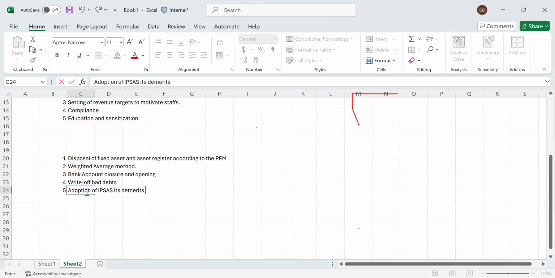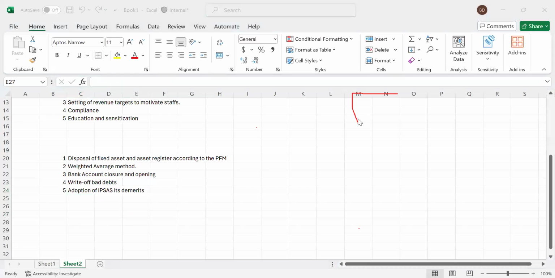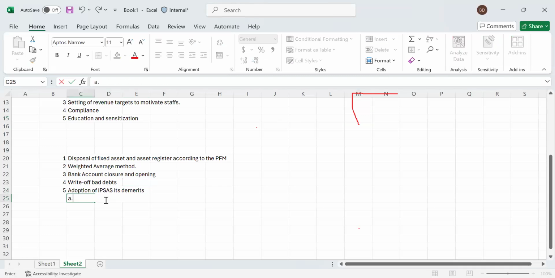What could be the other point? I think it has also brought transparency and accountability. Very good. You see, someone is giving me a point. Felix, do you want me to write the note down? Don't worry, I'll write it down. Uniformity in accounting treatment.